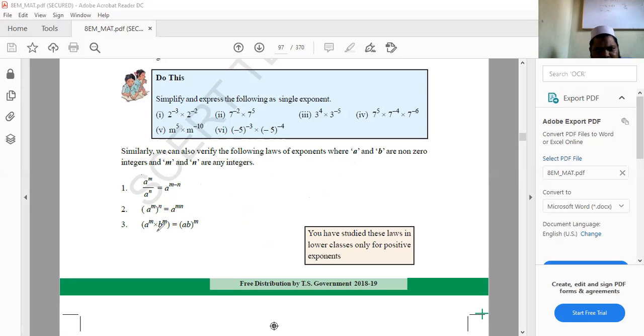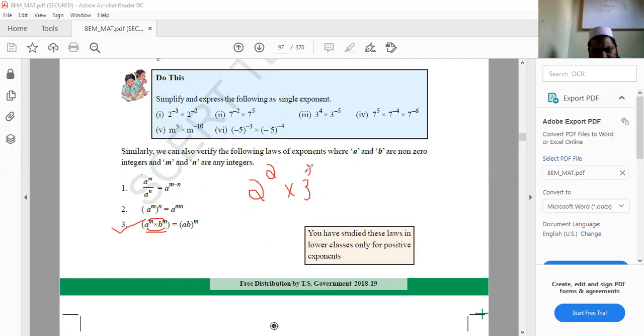Okay, now see here, property number 3: a to the power m into b to the power m. Their bases are different but their exponents are the same, so we can write it as a into b whole to the power m. Let's suppose one example: 2 to the power 2 into 3 to the power 2.